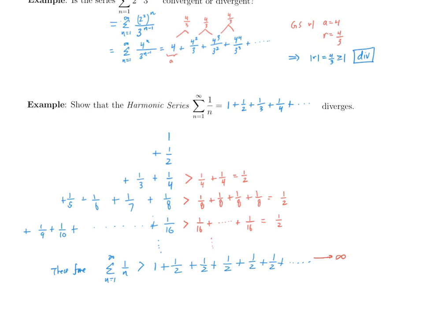So the best I can do is say that if you add up 1/2 a whole bunch of times, it just gets arbitrarily large. And if this series we are interested in is larger than something that blows up to infinity, thinking of our comparison test with improper integrals, we make our conclusion: the harmonic series diverges.